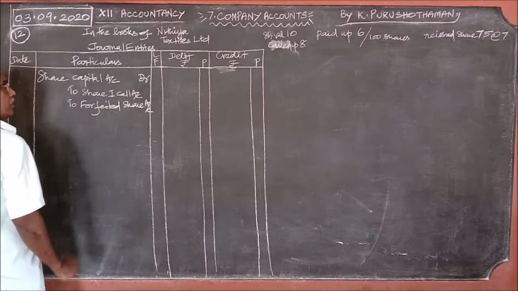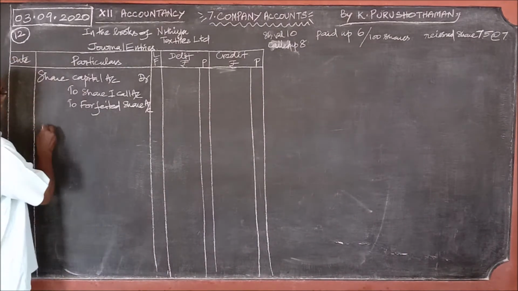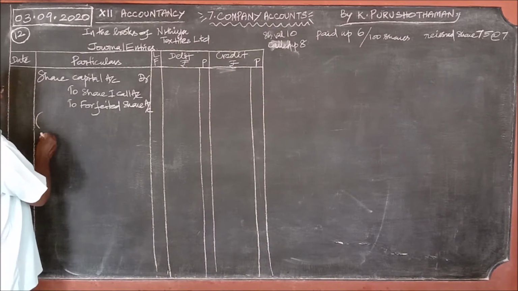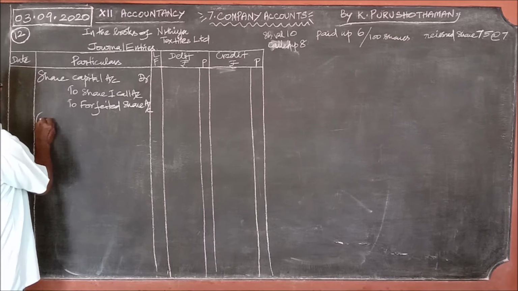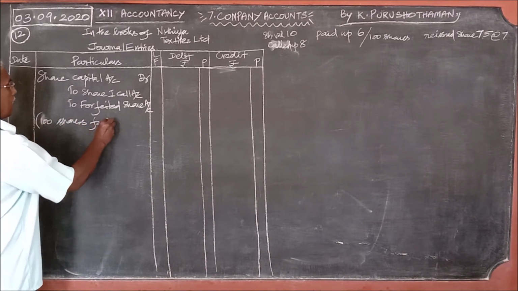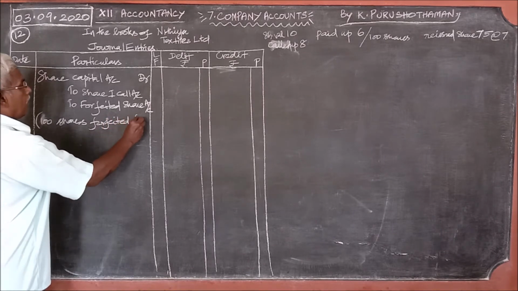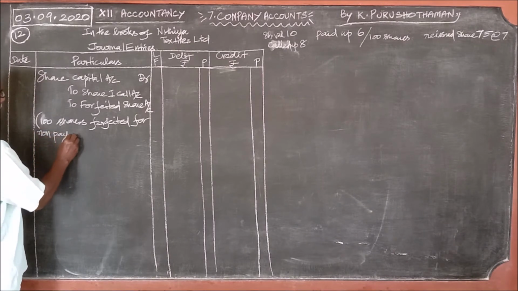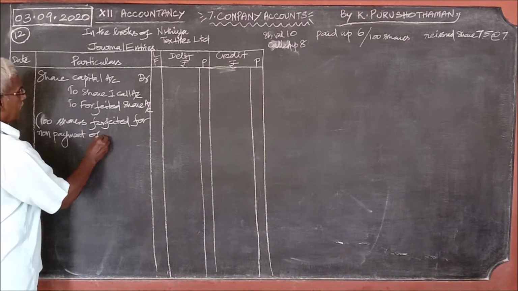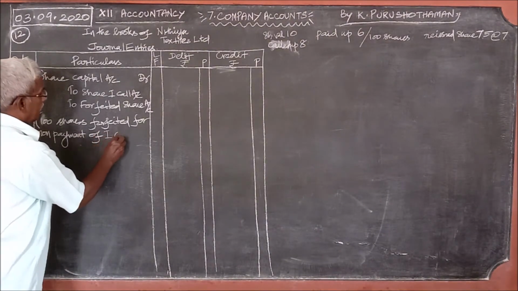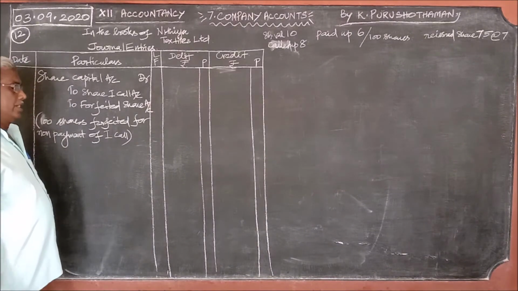Narration: 100 shares forfeited for non-payment of first call. This is the journal entry.